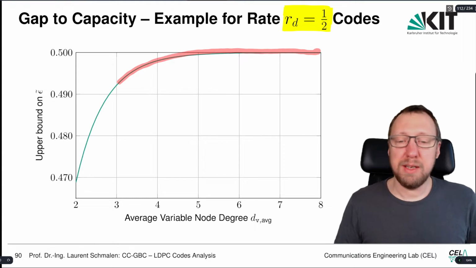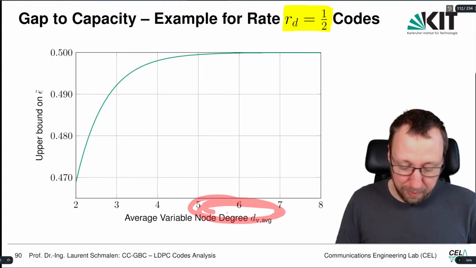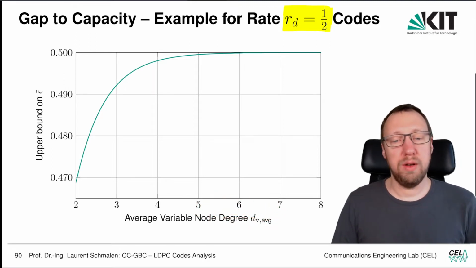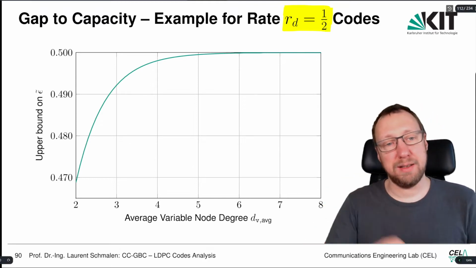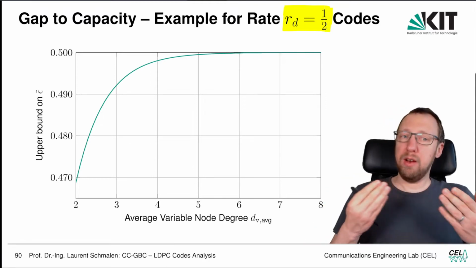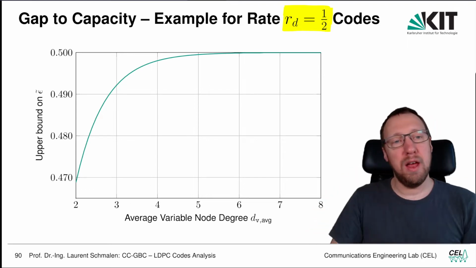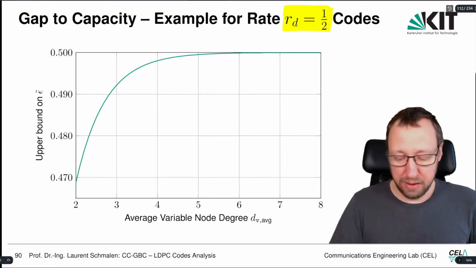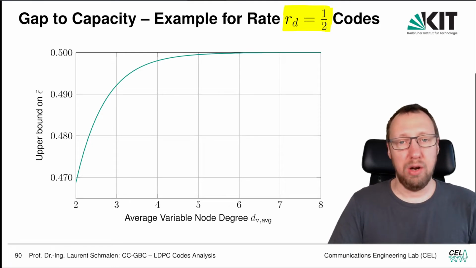And we also see that already for medium variable node degrees, we will be pretty close to 1 minus the rate. So it converges actually very fast. But in order to really achieve the capacity, so to get really to the final end, then we need to let the average variable node degree go to infinity. But you will see that the difference becomes very small already quite early.